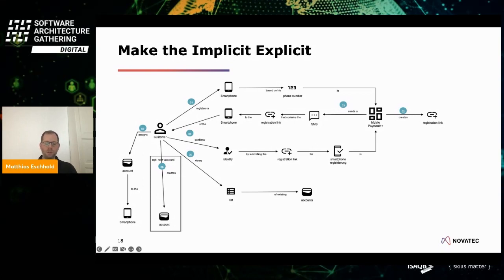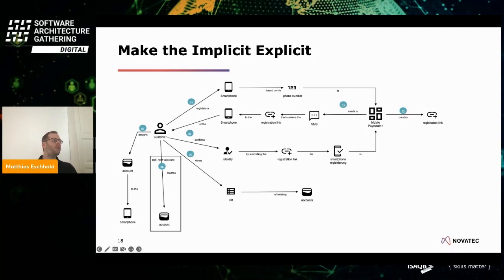And here you see the scenario that a user has to register a smartphone and finally assign this to an account so that he can perform our main use case, the mobile payment. Let's have a look.